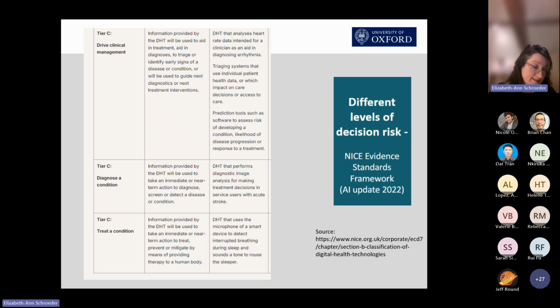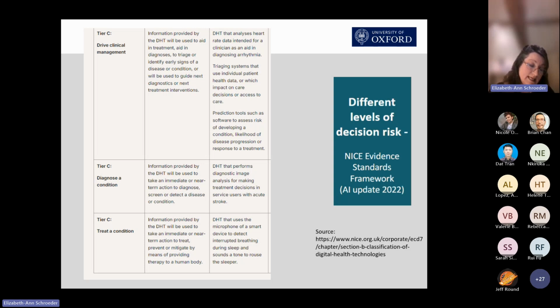Broadly, highest risk includes DHIs that support the diagnosis or treatment of a condition and drive clinical management. NICE perhaps differs in that it is one body compared to other HTA bodies where there can be more than one.